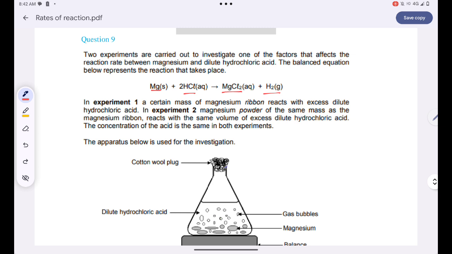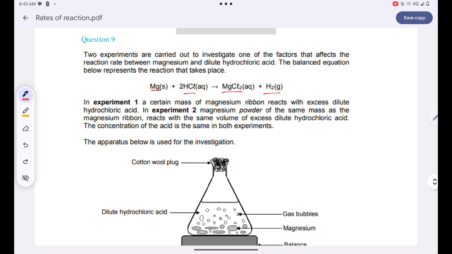We have our conical flask, and inside the conical flask, that's where the reaction takes place. Now we have both our reactants, which is magnesium as well as hydrochloric acid, and then inside we will have our products that are formed.